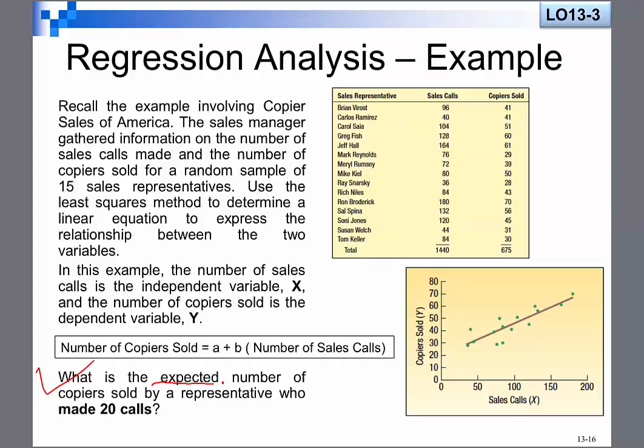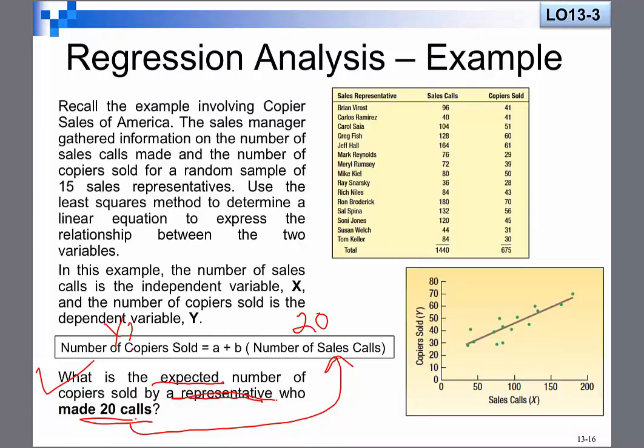By a representative means that we're looking at the sales call side, the X variable. And 20 calls is the number that corresponds to the particular X value we're concerned with. So if we drop a 20 in here, what will Y be? That's the question really being asked here.